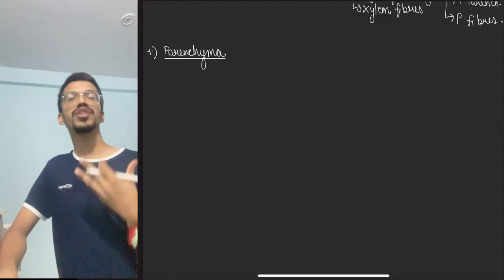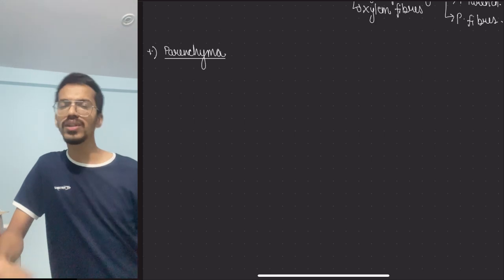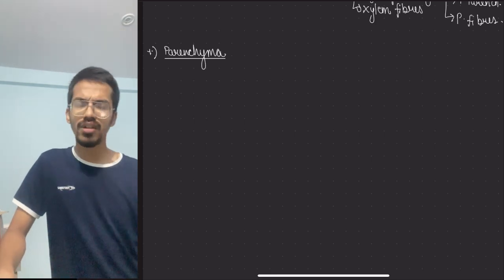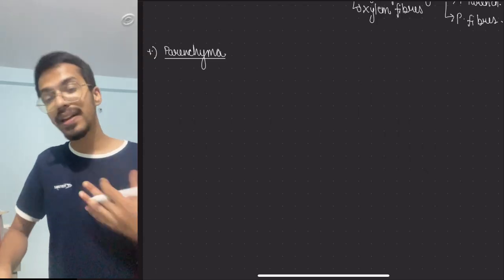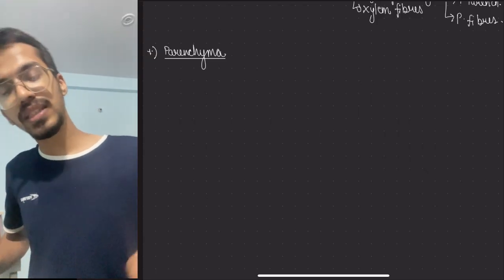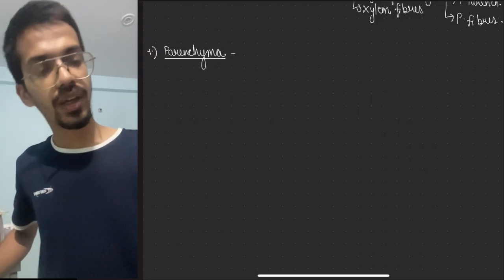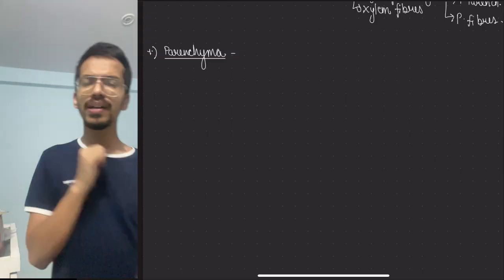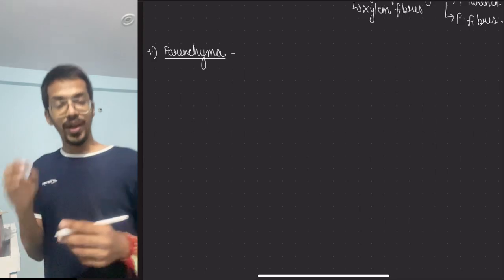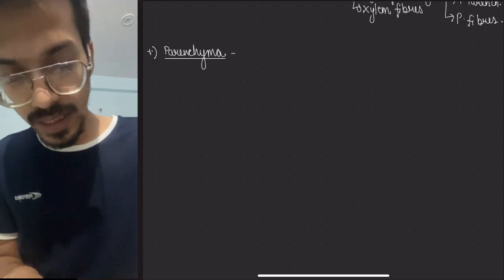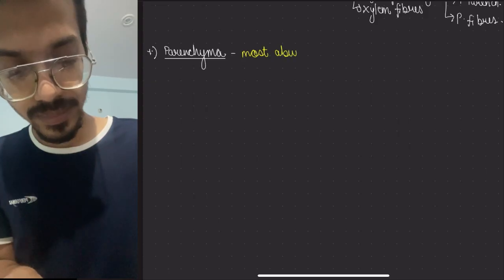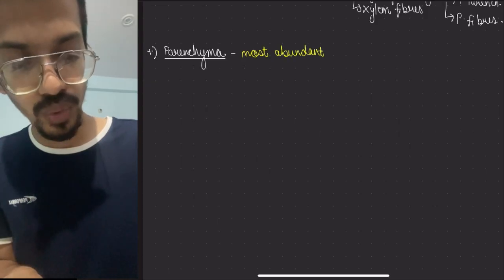Means at certain locations they are doing certain functions, so they have modified themselves, different organelles came up and their functions changed accordingly. So we're going to write pointers to remember. First pointer: parenchyma is the most abundant tissue in the plant body.